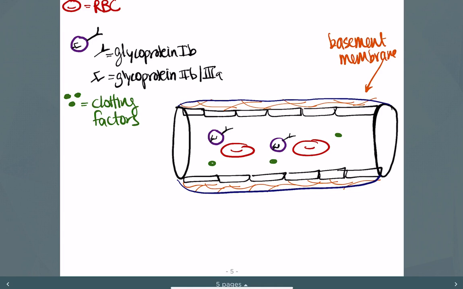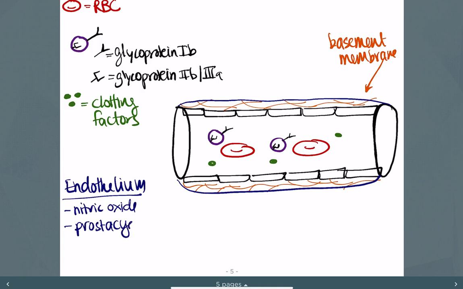So, endothelium releases nitric oxide and prostacyclin. A happy, healthy endothelium will be constitutively producing nitric oxide and prostacyclin. Nitric oxide and prostacyclin vasodilate the vessel, help to keep it open, and prevent platelet adhesion to the endothelium.